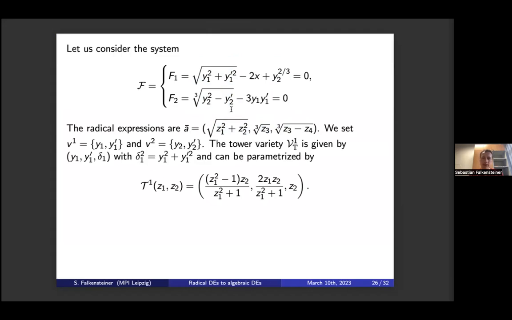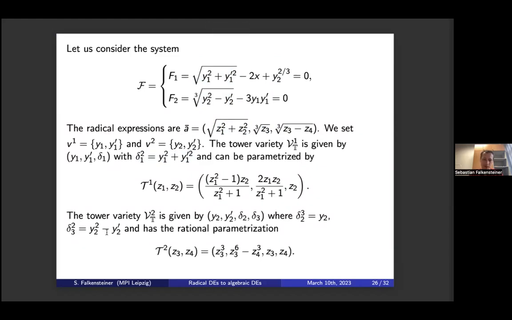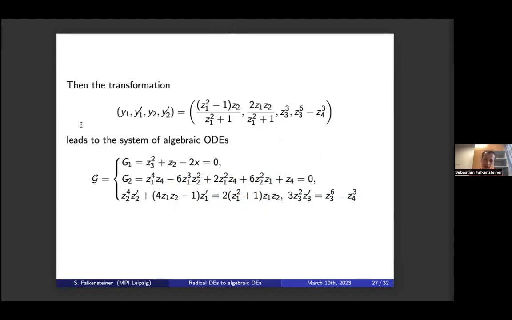The tau varieties which appear in this way are relatively easy to parametrize. So the first one can be parametrized as this. The second one as this. So we apply the transformations, so the first two components always. So this is given now as this transformation, and we obtain this system here.